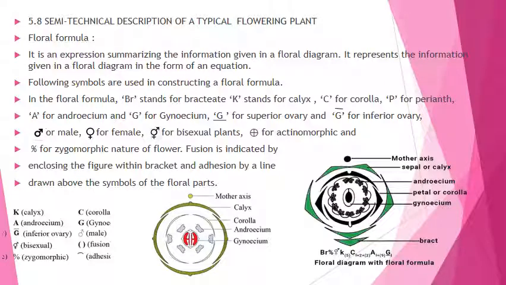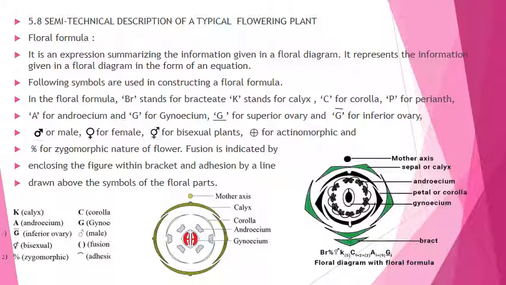Because if you see the rose flower, the hibiscus flower, another flower, right, then the cactus flower, every flower has got its own peculiar type of arrangement. These arrangements are known as semi-technical arrangement, and these are displayed in a proper way.